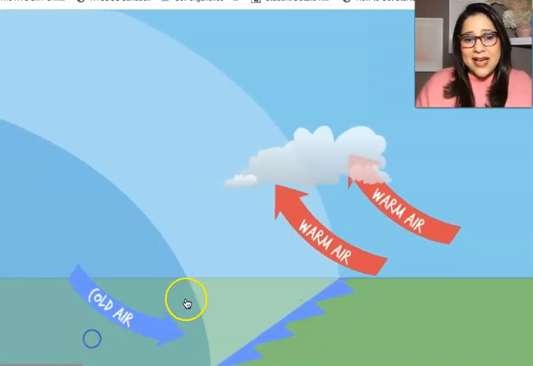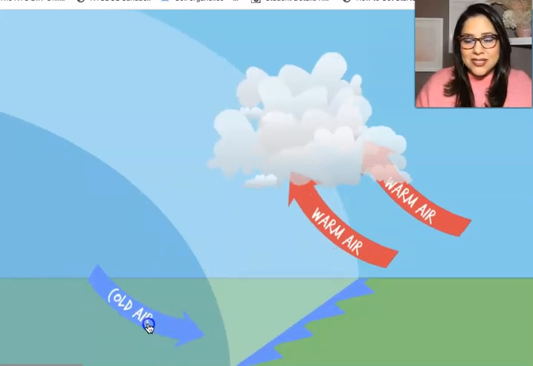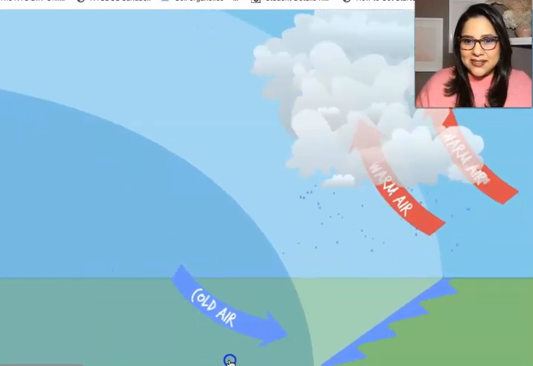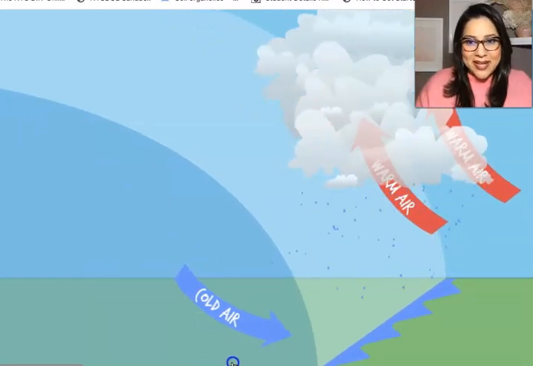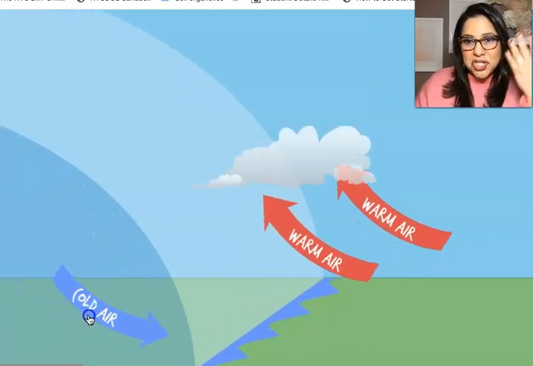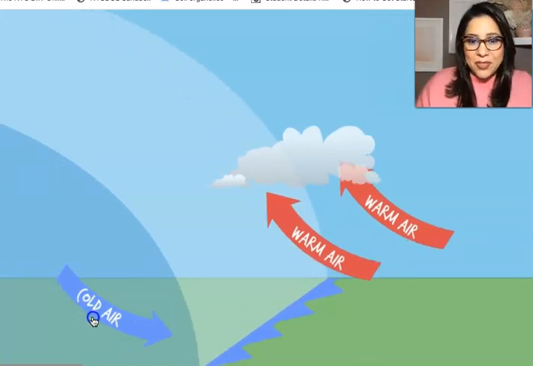Now keep in mind that cold fronts have a very steep slope. So the kind of clouds that will form are larger clouds, followed by precipitation as the warm air rises. I'm going to replay this one more time. You have a cold air mass clash with a warm air mass at a cold front, and it's going to push the warm air out of the way, and the warm air is going to start to rise since it's less dense.